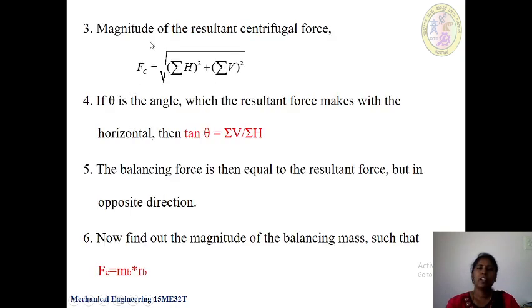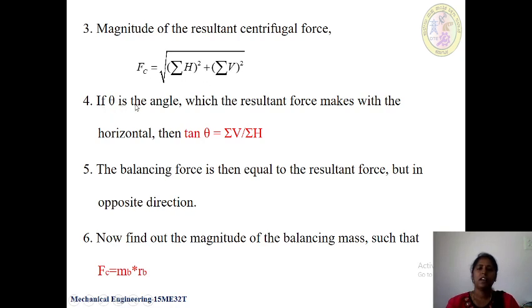Next, we need to find the magnitude of the resultant of the centrifugal force. Fc or capital R is equal to the root of sigma H square plus sigma V square. This equation gives us the resultant.